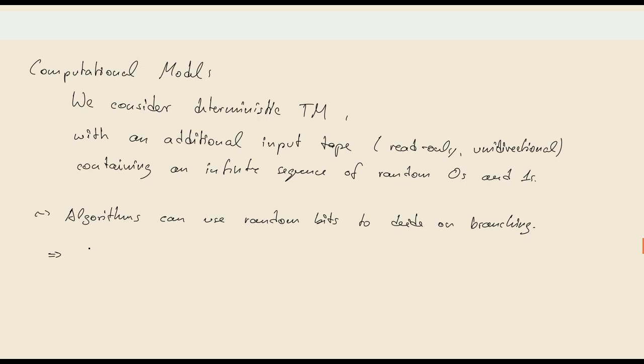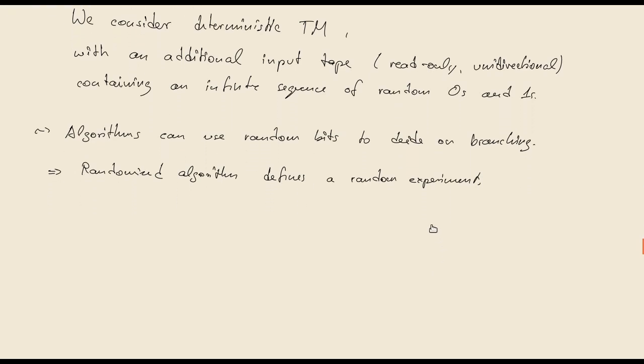So what this means is that a randomized algorithm defines a random experiment where even for a fixed input, we have to take into account all possible random bit strings that the algorithm uses.